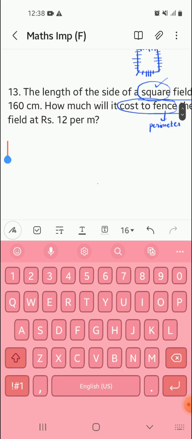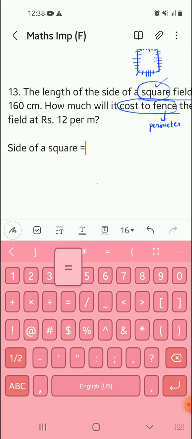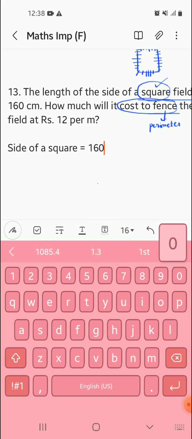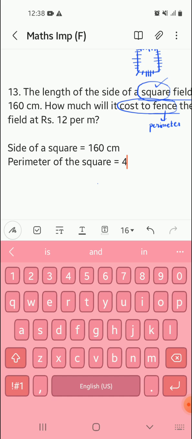We have to write side of a square is equal to 160 centimeter. So we have to find the perimeter of the square in order to find the cost of fencing. Perimeter of the square is equal to 4 into side.